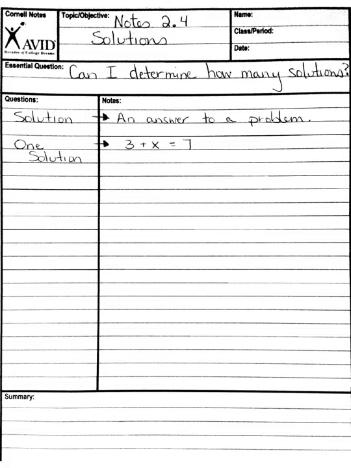If we think about this problem, 3 plus x equals 7, we draw our line down the equal sign, and we begin to solve. We are going to subtract 3 from both sides, and we get x equals 4. This is an example of what we call a one solution.